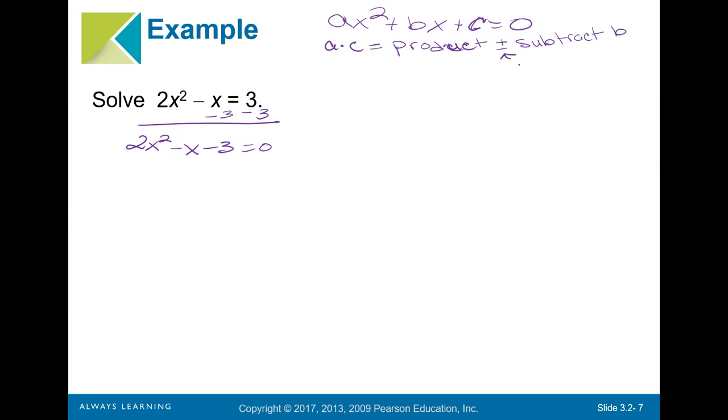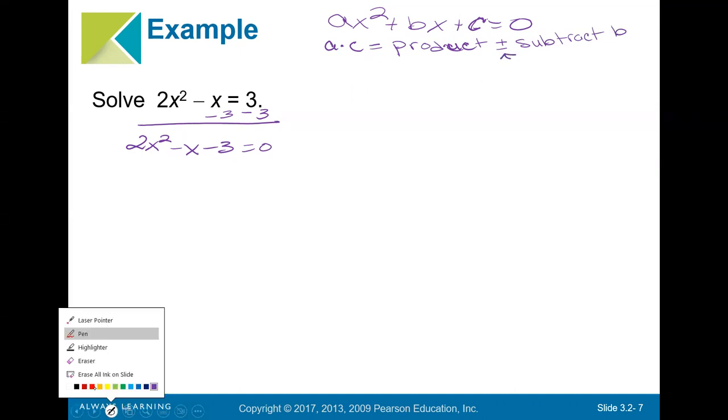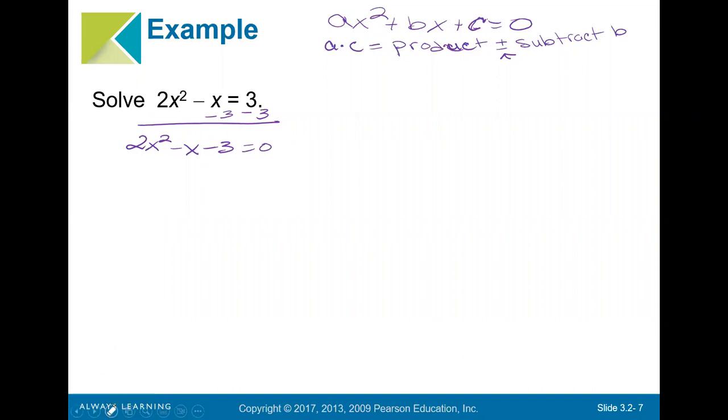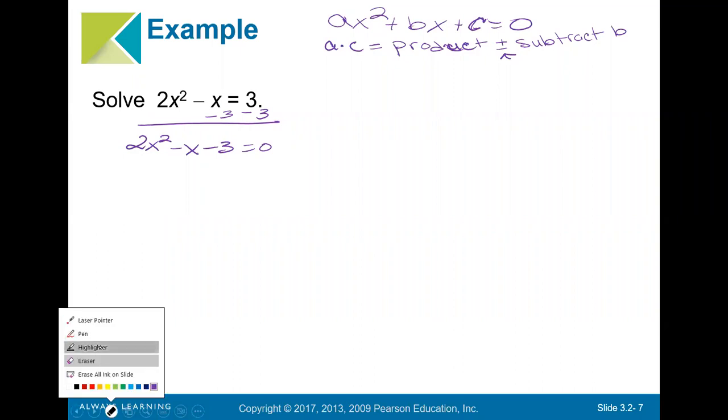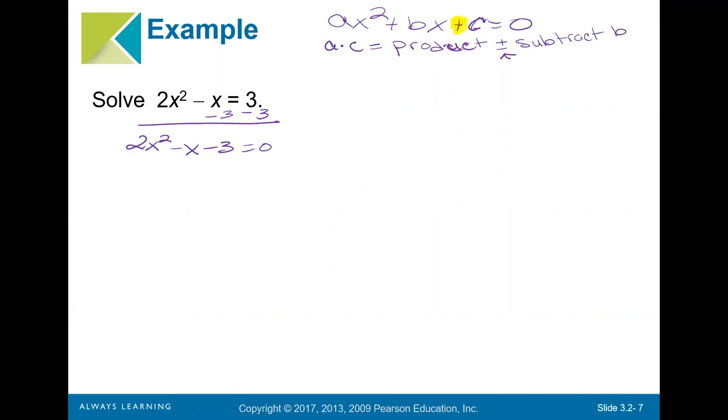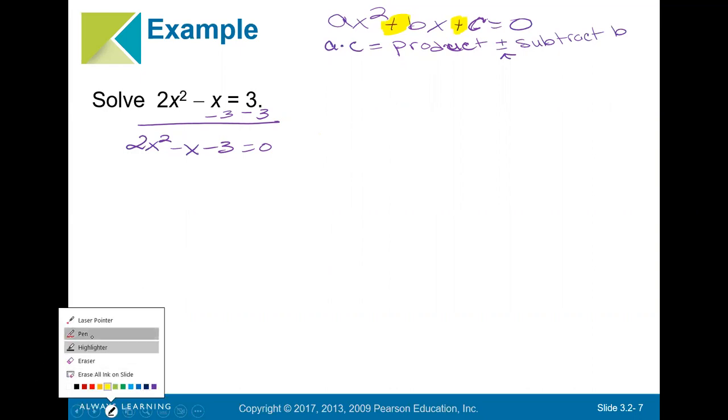What do I know about add or subtract? How do I know we're adding or subtracting? Whenever we're reading a quadratic, the sign on C tells me if we're adding or subtracting, and the sign on B tells me what sign we're using. So let's take some extra notes right here.